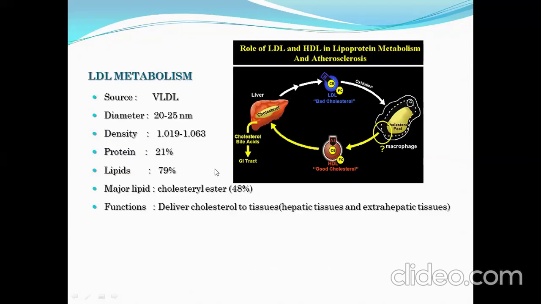The source of LDL is VLDL, very low density lipoprotein. And the diameter is in the range of 20 to 25 nanometers, whereas the density of LDL is 1.019 to 1.063.